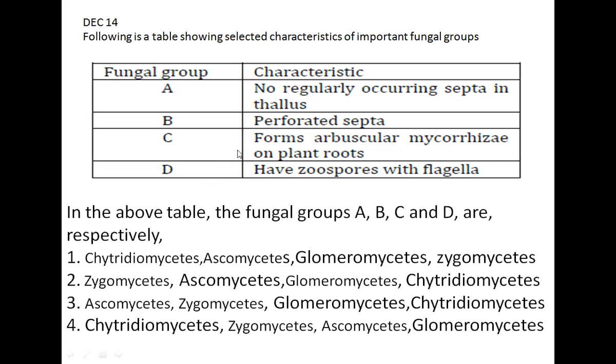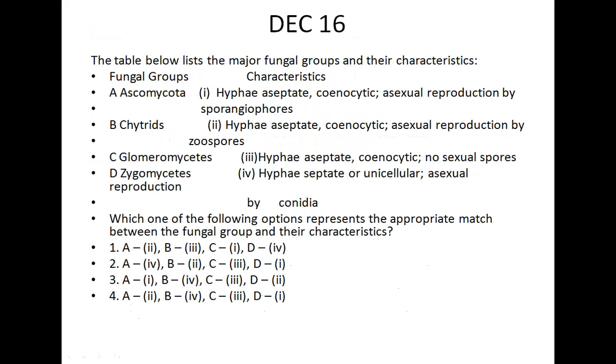Third is glomeromycetes; all options have the third choice as glomeromycetes. And D has zoospores with flagella; zoospore flagella means chytridiomycetes. So the answer is the second. Now this is the December 16 question, and you can solve it easily with this material.